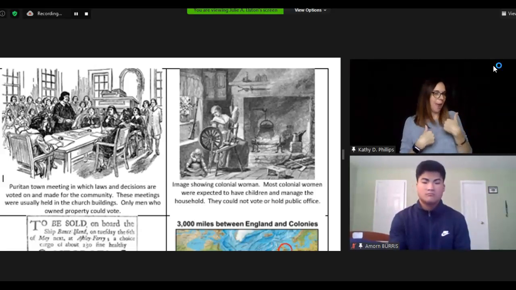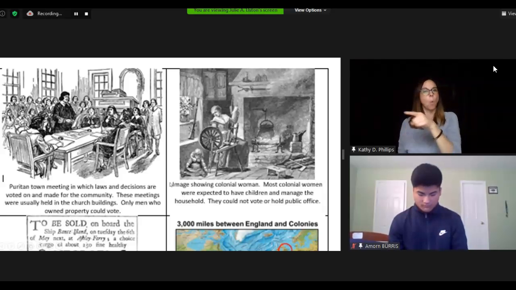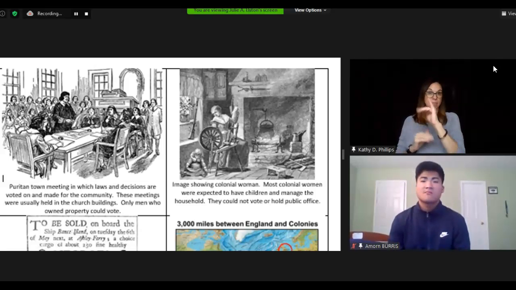They'd be undemocratic, right? Yeah. But the picture on the left says that only men who own property could vote. So that's not democracy. Okay, so it is limiting the rights of men to participate.